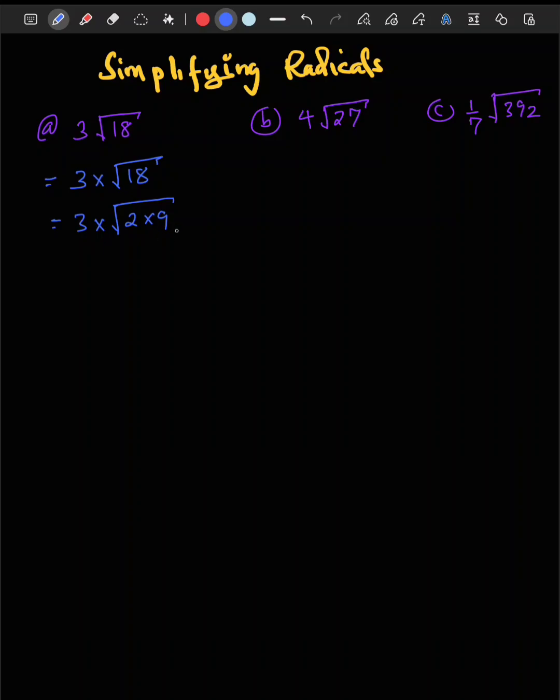So at this stage, we know we can find a whole number that is the square root of 9, but we cannot find a whole number as the square root of 2. So under root 9 can be written as 3. Instead of writing under root 9, we can write this as 3 under root 2, because that's the simplification of under root 18.